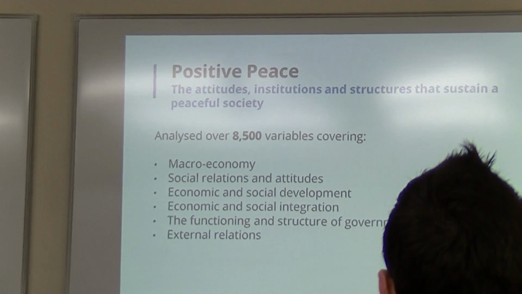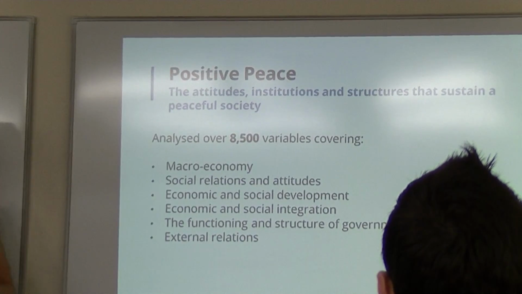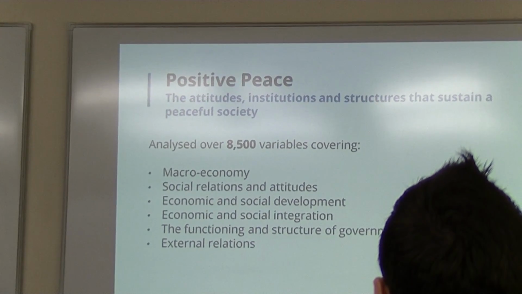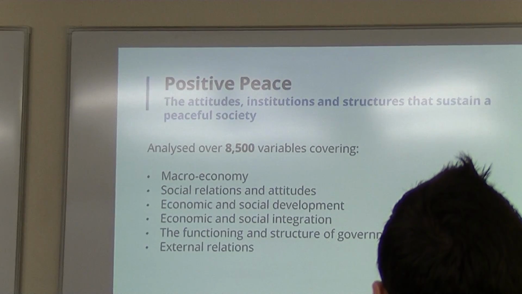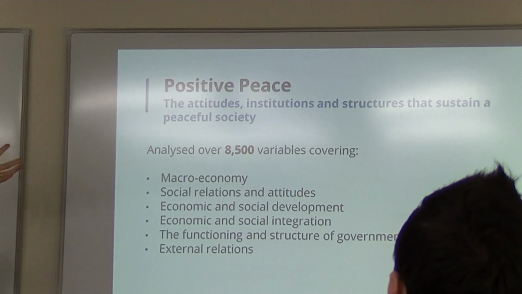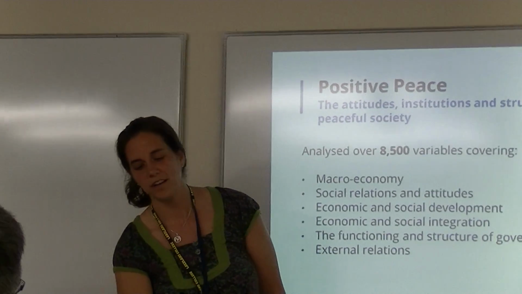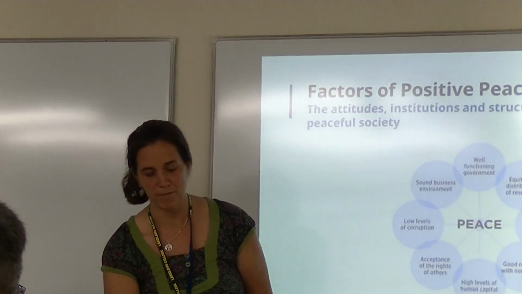So, what do they use to determine what makes a peaceful society? They looked at over 8,500 variables covering macroeconomy, social relations and attitudes, economic and social development, economic and social integration, the functioning and structure of government, and external relations. They came up with some broad topics which closely match a lot of what university students will come up with as well.